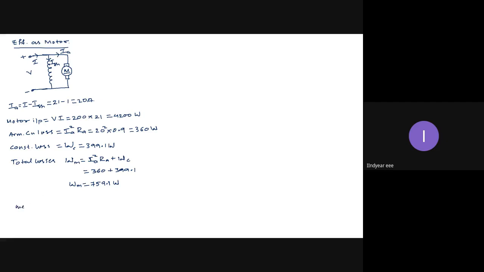Therefore, motor output. P out is equal to motor input minus total losses. So this is equal to 4200 minus 759.1.